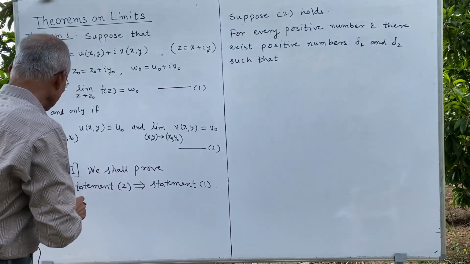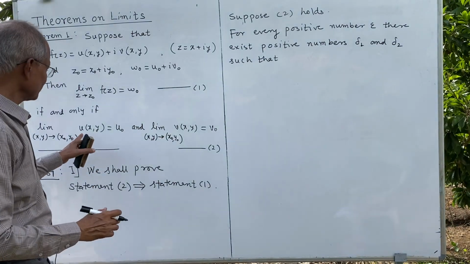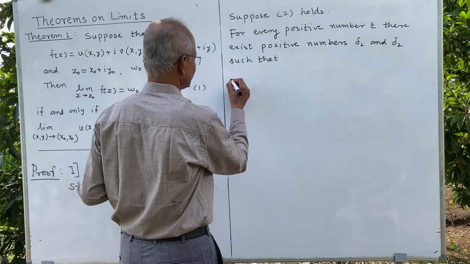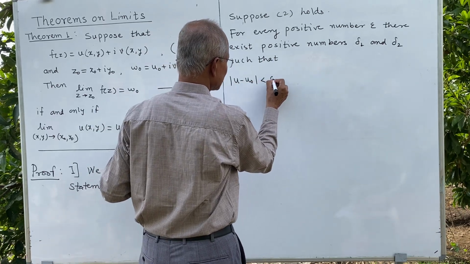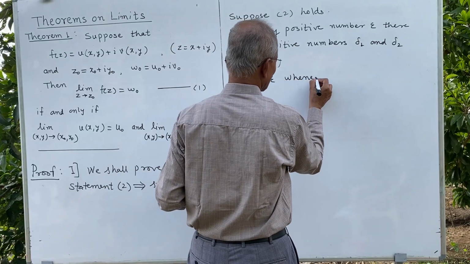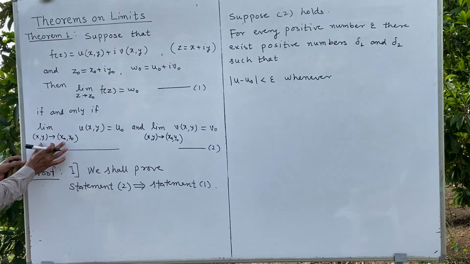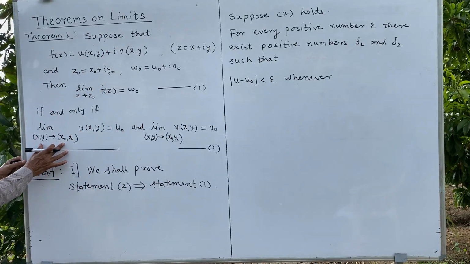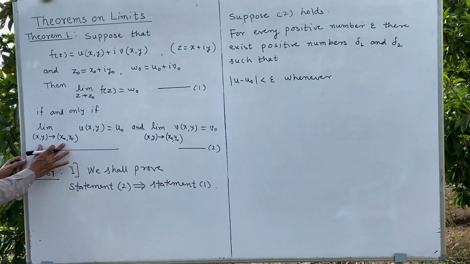see the application of the definition for the first limit, such that the absolute difference of u and u naught is less than epsilon whenever the absolute difference of these two points x comma y minus x naught y naught, and we know how to take the absolute difference of these two.